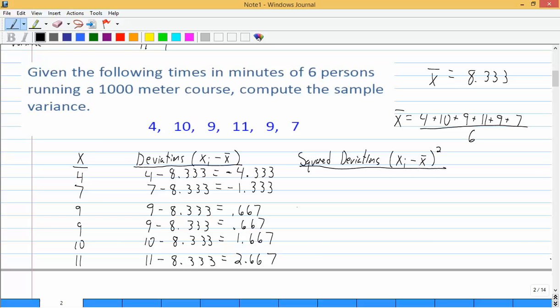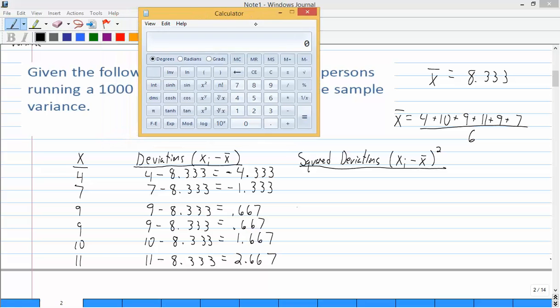Alright, and so now what we want to do is take this negative 4.333 and square it. So once we do that, all of these values are guaranteed to be positive. Okay? So I can't do this in my head, so I'm going to have to type it in.